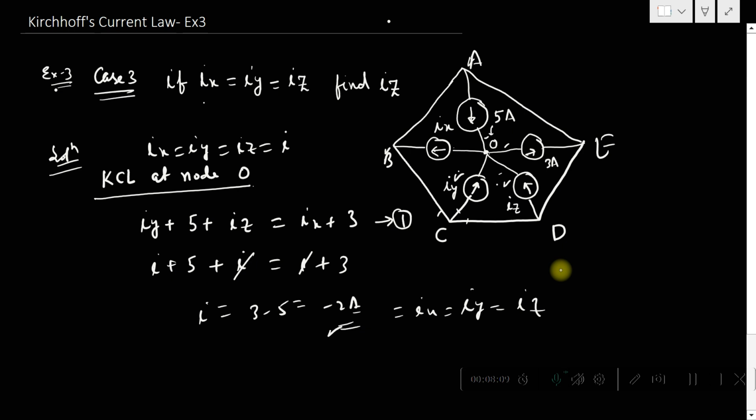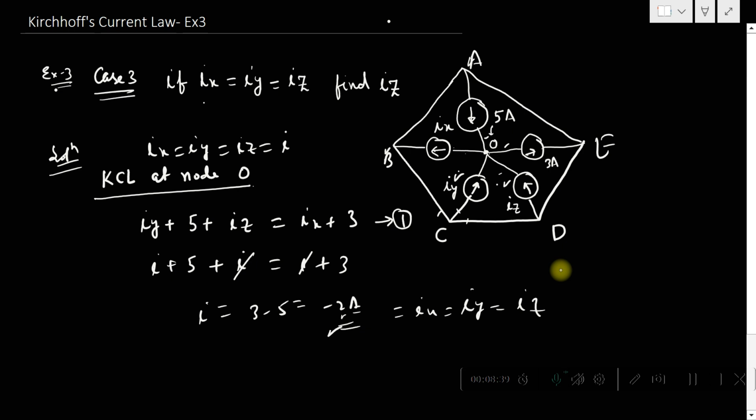So the negative sign indicates that the current flows in the direction opposite to the direction given in the circuit. It means the direction of current in case 3 changes. Right now, as per the circuit, Ix is exiting node O, so it will enter node O, since it is minus 2.